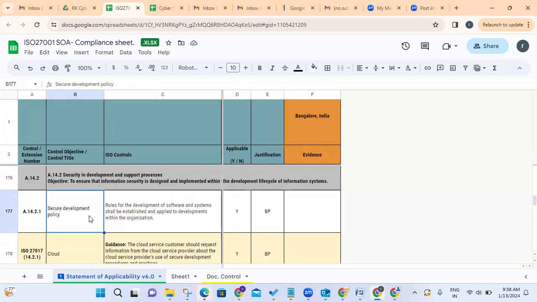A secure development policy in the SDLC life cycle: requirement phase, design phase, development phase, testing phase. In each and every phase, do we have segregation of the network or not, like orange or green or yellow zones? That is called network segmentation. For example, the design team should not access the development network. The development team should not access the testing tools network.